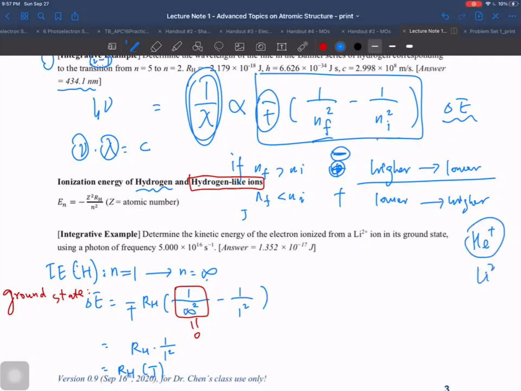And like lithium 2 plus, or iron 25 plus, because we know iron is element number 26. So when it loses 25 electrons, it has only 1 electron left. We call all of those hydrogen-like ions because the common characteristic is only 1 electron.